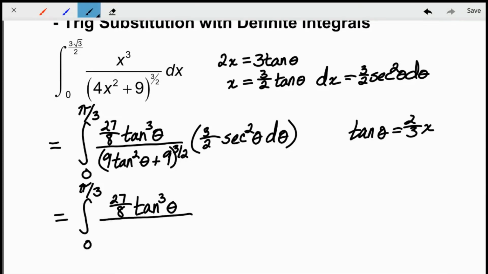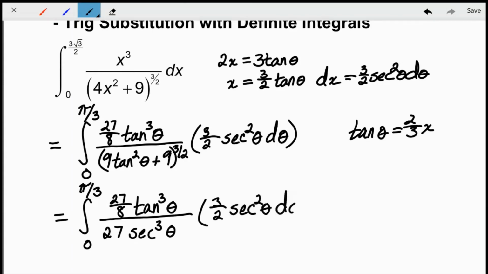If you take the square root of 9, you're going to get 3, and then cube that, that's going to give you 27. Then I would also have a tangent squared plus 1 to the 3/2 power. Well, tangent squared plus 1 is the same as secant squared. Secant squared square rooted gives me secant, and then cube it, so I'm going to get secant cubed. And then remember, we're multiplying by this 3/2 secant squared theta d theta.